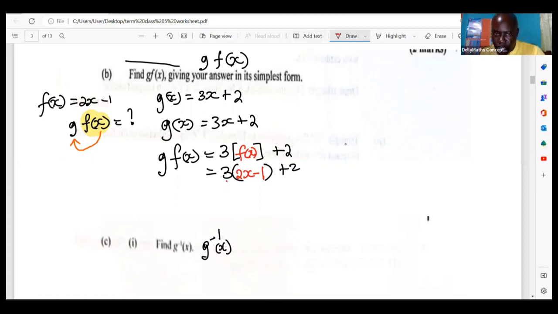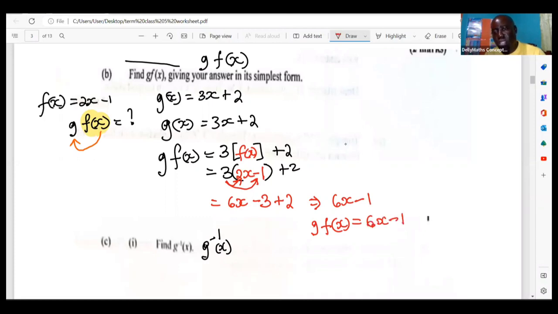So what we're going to do is to distribute 3 times 2x, 3 times -1. So that gives 6x minus 3 plus 2. And finally, it is 6x minus 1. So if you want to write, you could say, guess what? G of f of x is 6x minus 1.